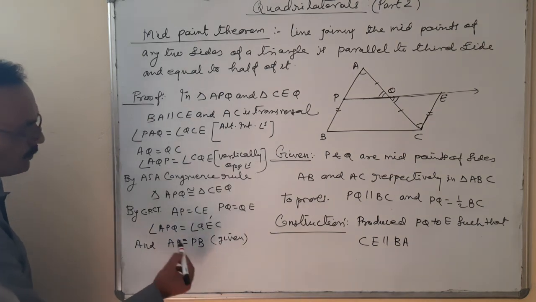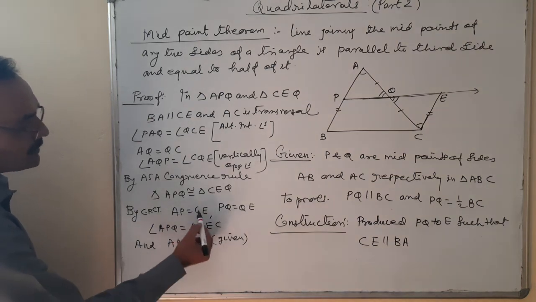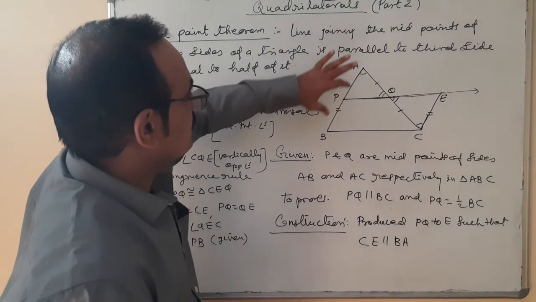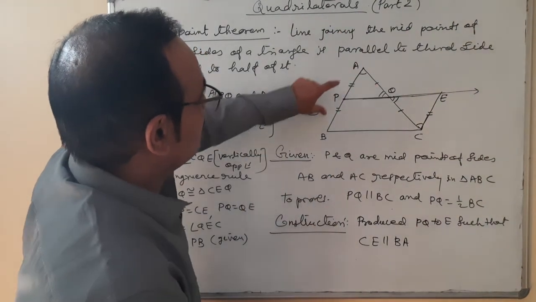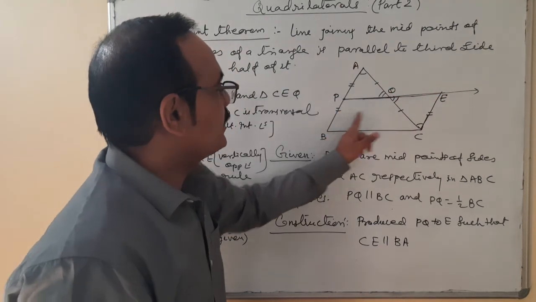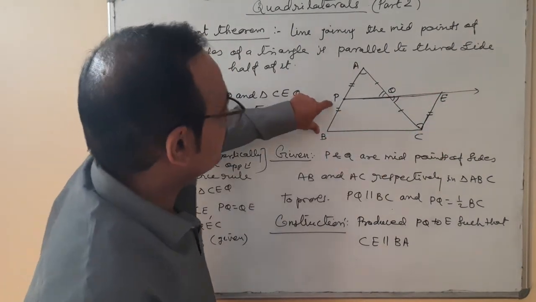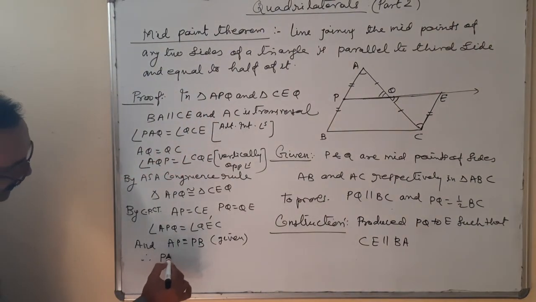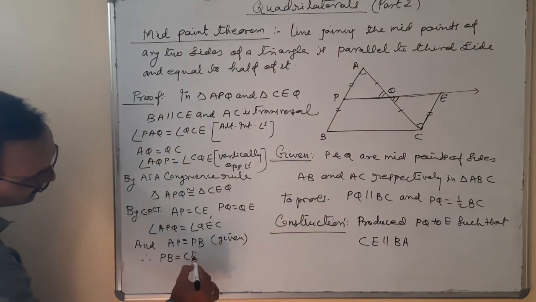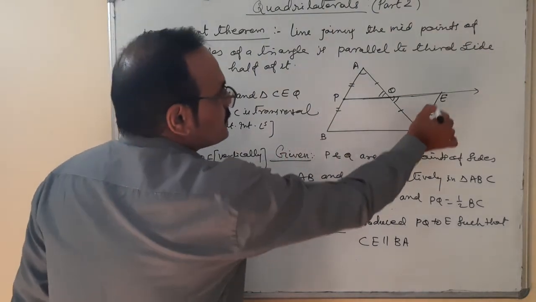So AP is equal to PB and AP is equal to CE, so these three parts are equal. So I can write here PB is equal to CE.